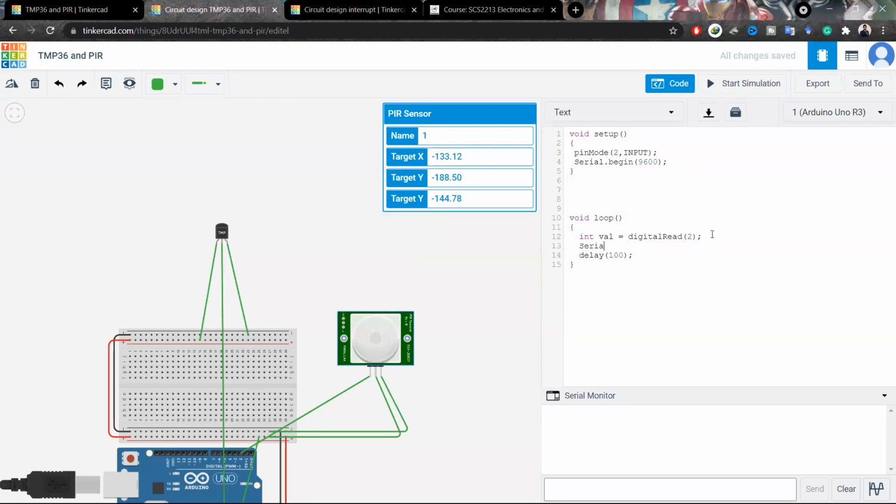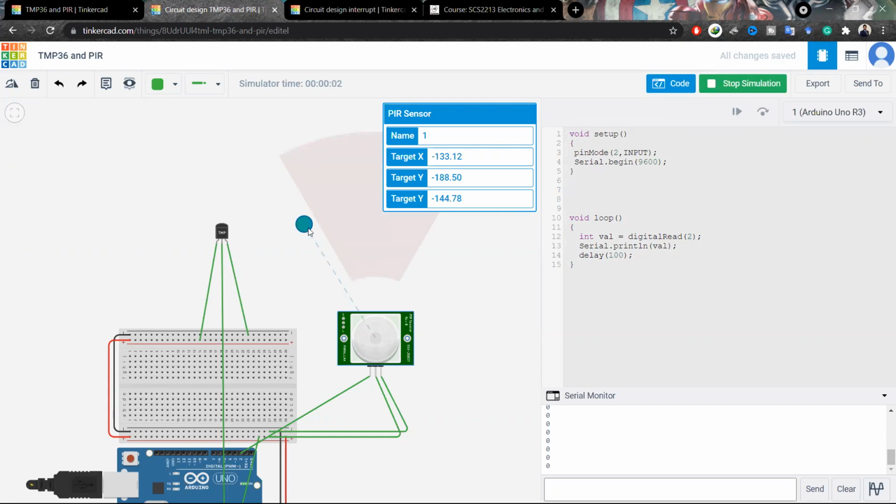Then I can print that value like this, right? I'm going to print line by line, otherwise it's hard to read, no? Serial.println. I give ln to make a new line, then I put this variable inside this function, right? Then I give a delay of 100.